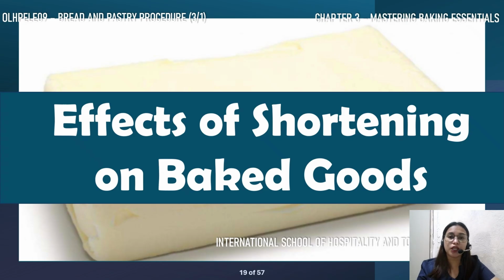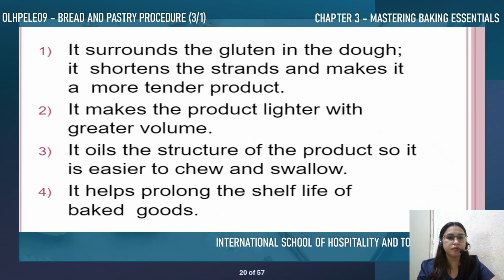Shortening also helps retain moisture, keeping products soft and preventing them from drying out quickly. It adds richness and enhances flavors while also improving volume and making baked goods lighter in texture. Additionally, shortening provides a smooth mouthfeel and extends the shelf life of baked products by slowing down the staling process.